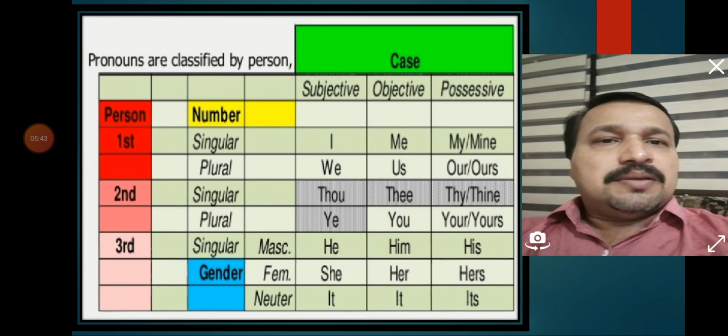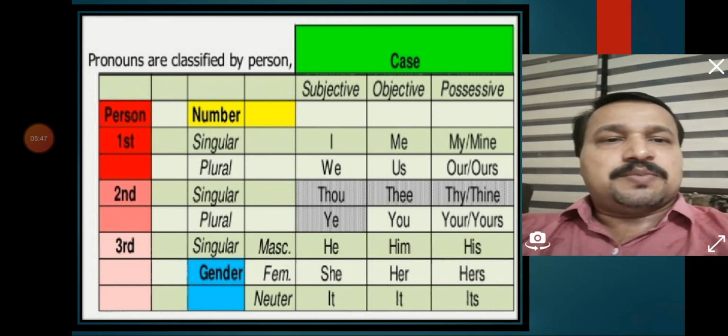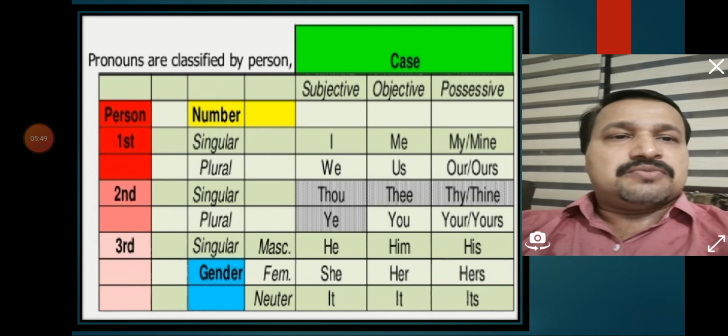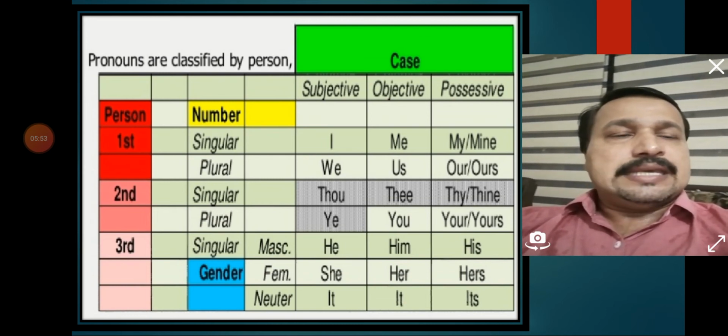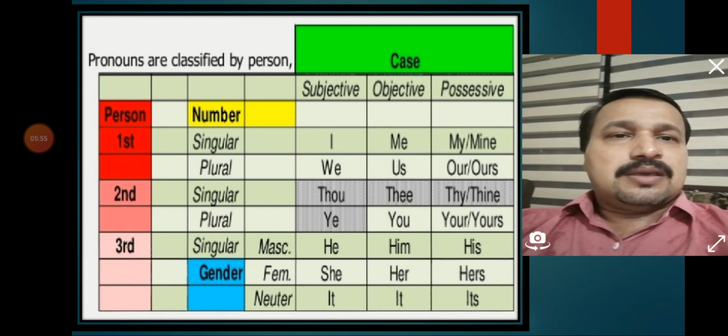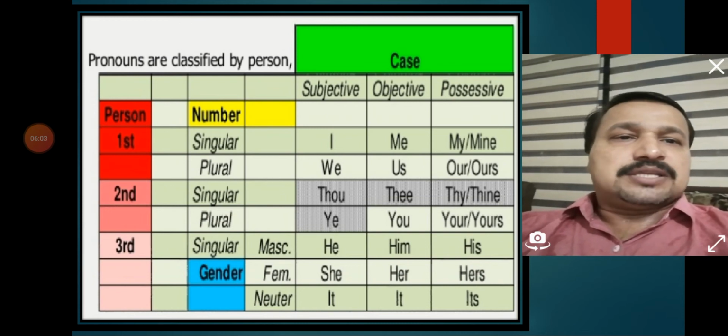The second one, plural form of the first person, we. Its objective form is us and possessive is ours. And second person: thou or ye or you is considered to be the subjective form. Thee or you is considered to be the objective form.